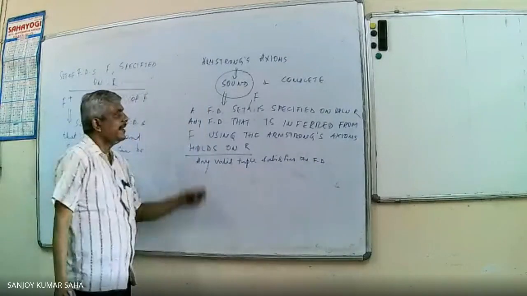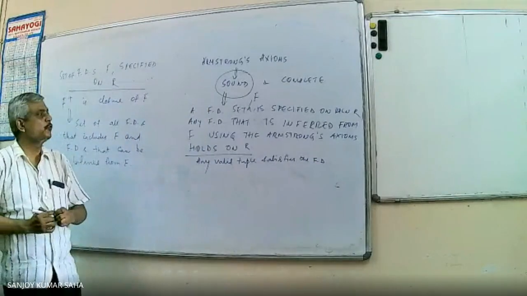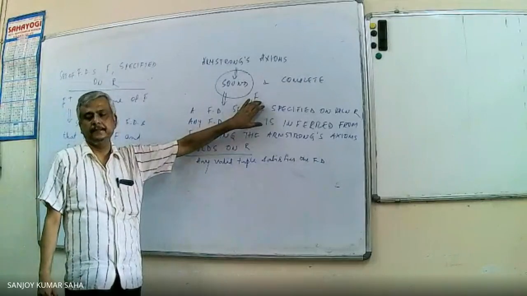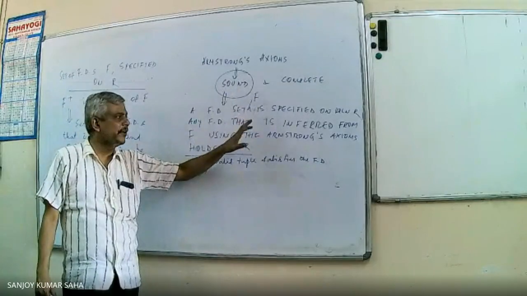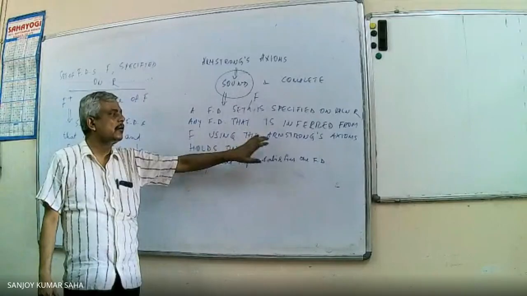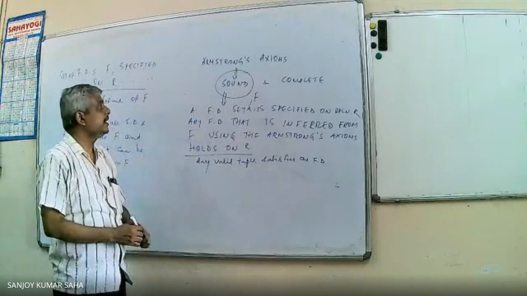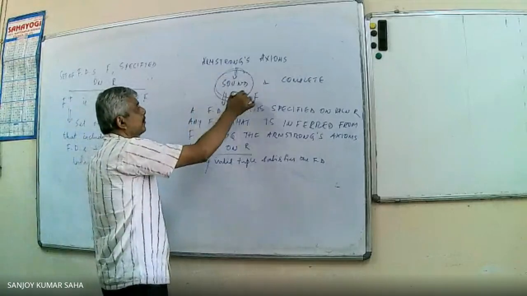So basically, any functional dependency that we infer from the specified set, those are also valid on that particular relation. Those are correct. So that's why we said this is sound.